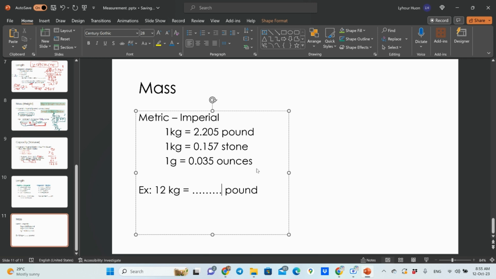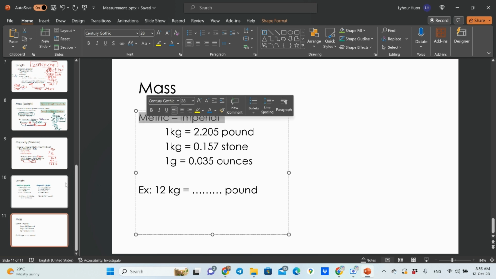To convert 12 kilograms to pounds, we multiply. I give this both metric to imperial and imperial to metric.